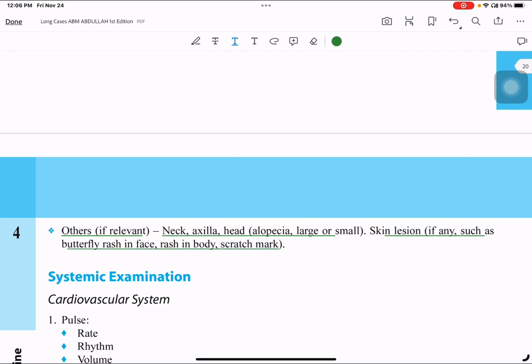Even we have to look for any IV cannula, NG tube, or any drainage tube. We also have to look for anything around the bed, like sputum or any body sample. So we have to look for the surroundings of the patient during general examination.